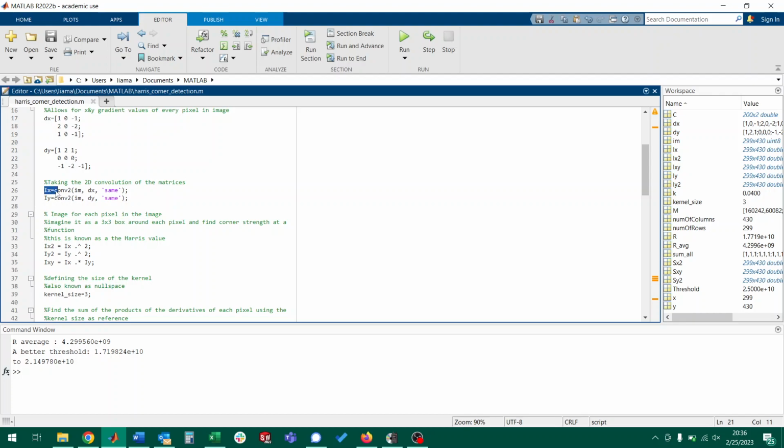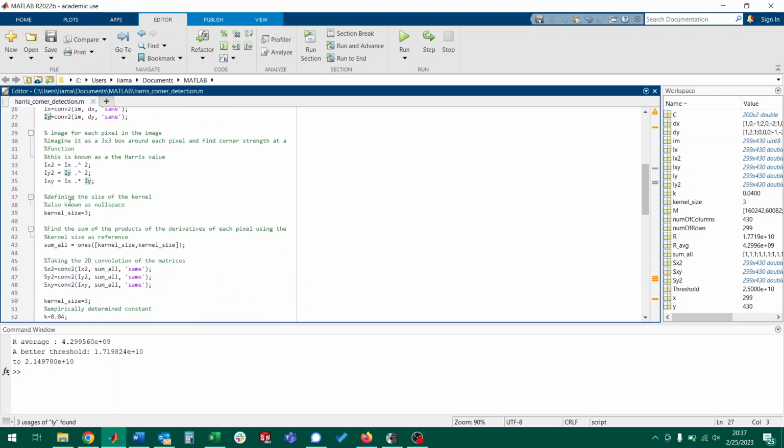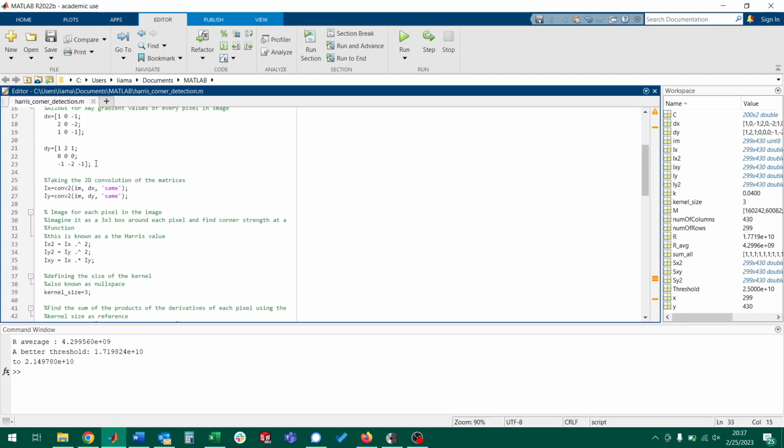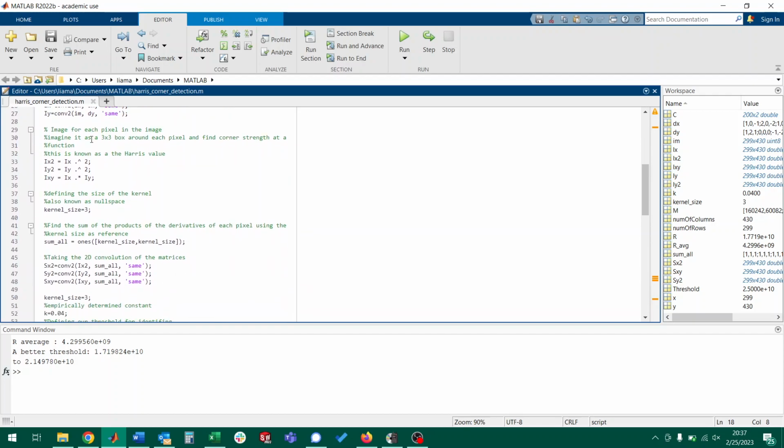So here's again that Ix, so it's the identity matrix essentially. And then you take each pixel of the image, and imagine it's a 3x3 box. Imagine these matrices for both x and y as the box.